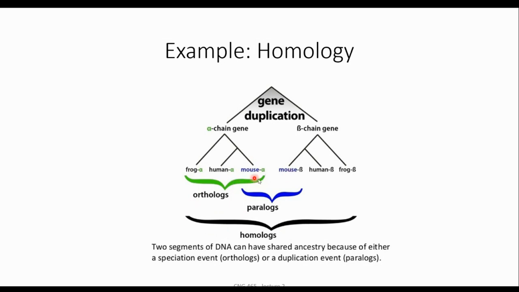And sometimes in the same organism, for example, in a mouse, you can see alpha and beta. These two are very similar and they have pretty much the same function. Then we call them paralogs. For example, in human beings, we have alpha globin gene and beta globin gene, and both of them are responsible to separately synthesize alpha globin protein and beta globin protein.